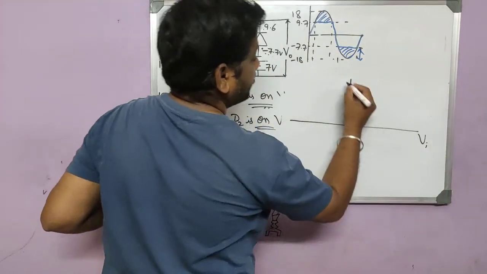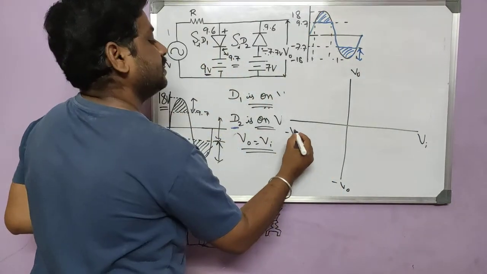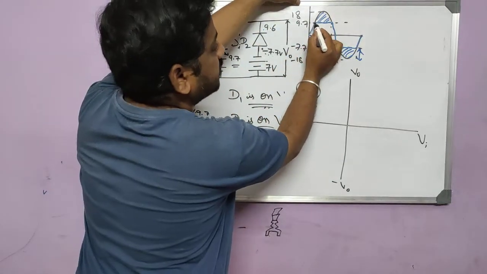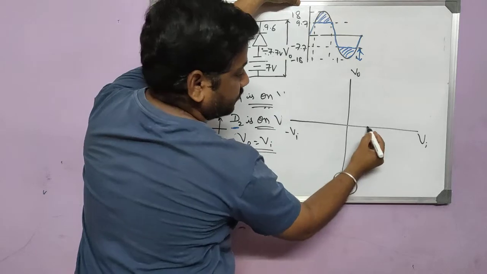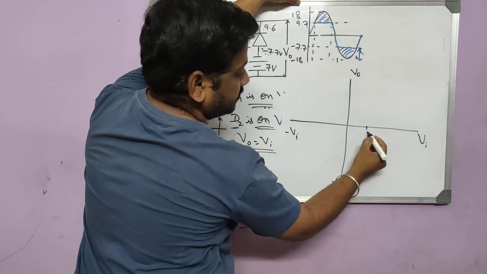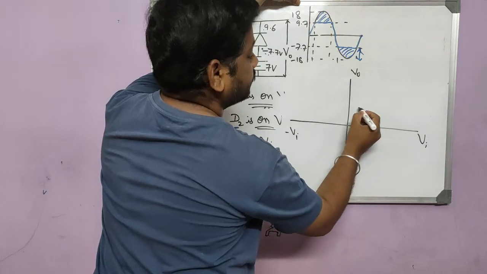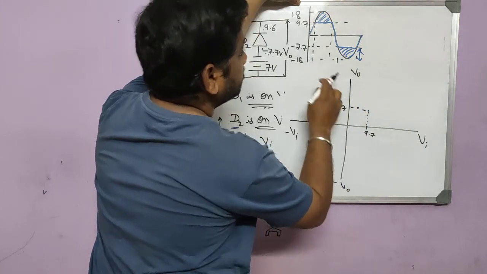Say this is V in, this is V out. Somewhere here let me take this as 9.7. If input is 9.7, output will also remain constant at 9.7 on the positive side.